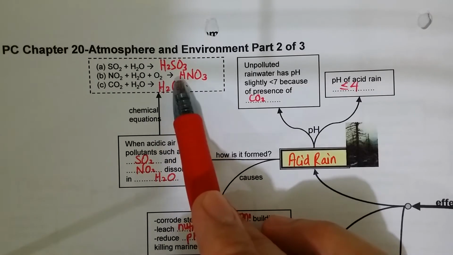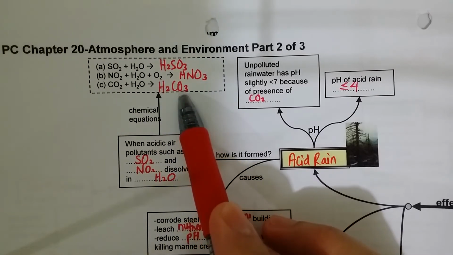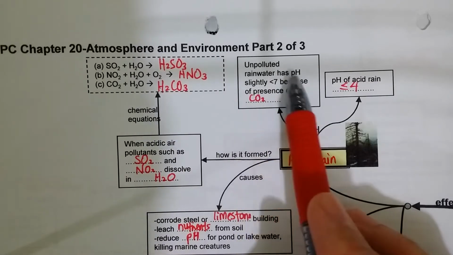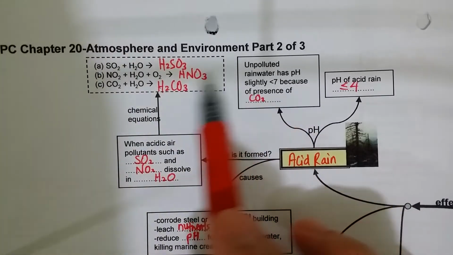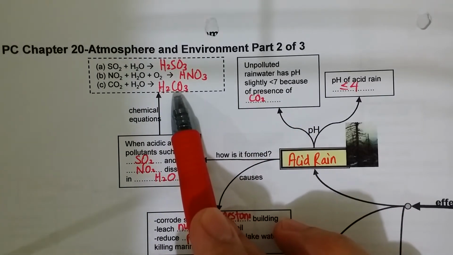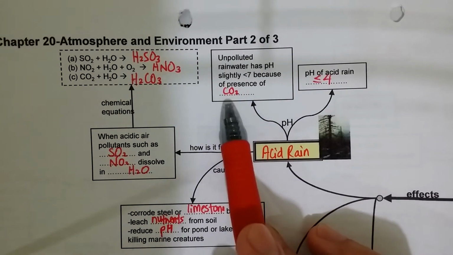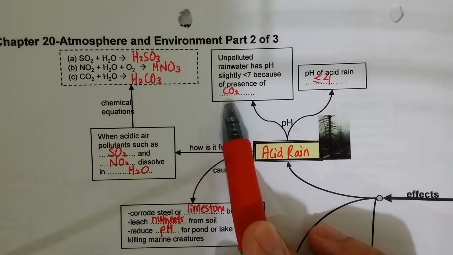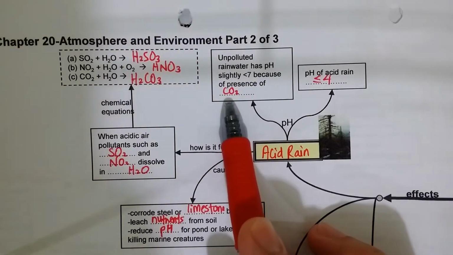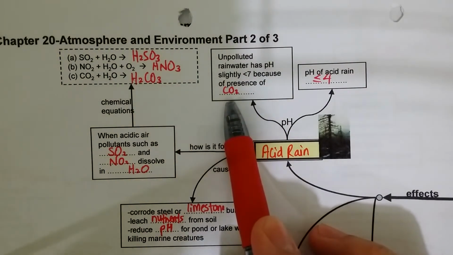It is a very weak acid, and the unpolluted rainwater has pH less than 7 because of the presence of this carbonic acid, which is a very weak acid. It's not going to harm you. So you have to be aware that the presence of carbon dioxide, which is present everywhere, would make rainwater slightly acidic, but that is not called acid rain.